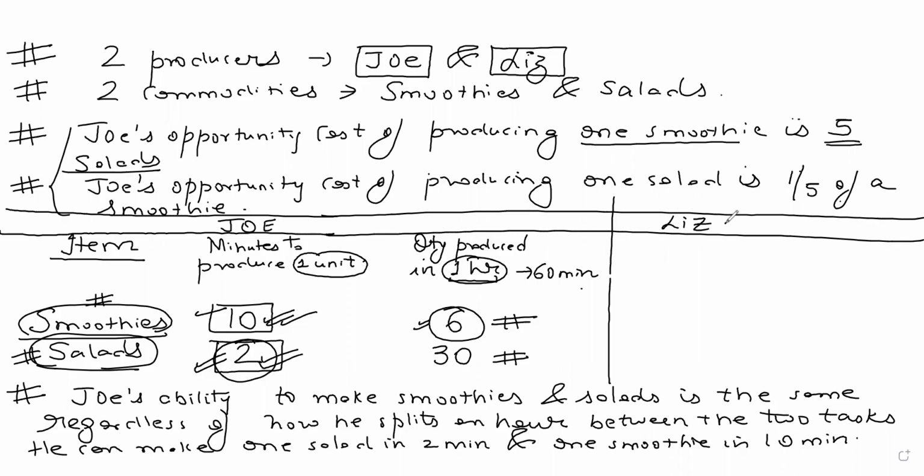Again, the items are pretty much the same, smoothies and salads. We are given the minutes to produce 1 unit, and the quantity produced in an hour.